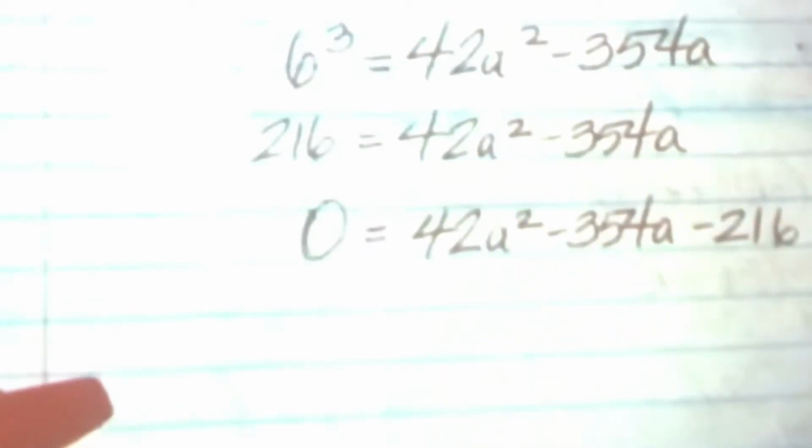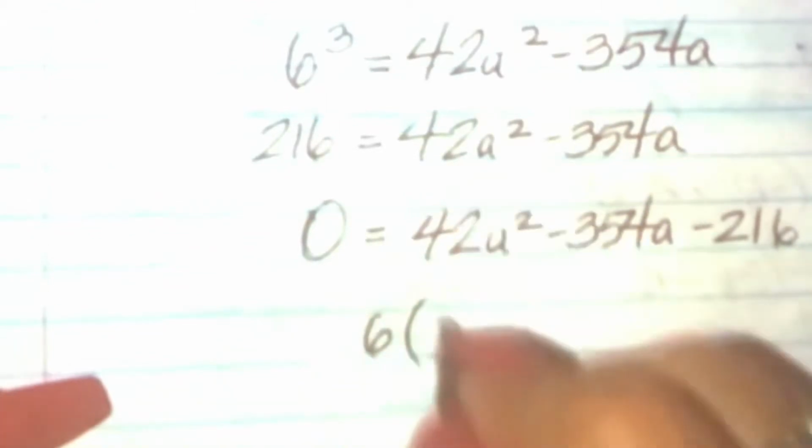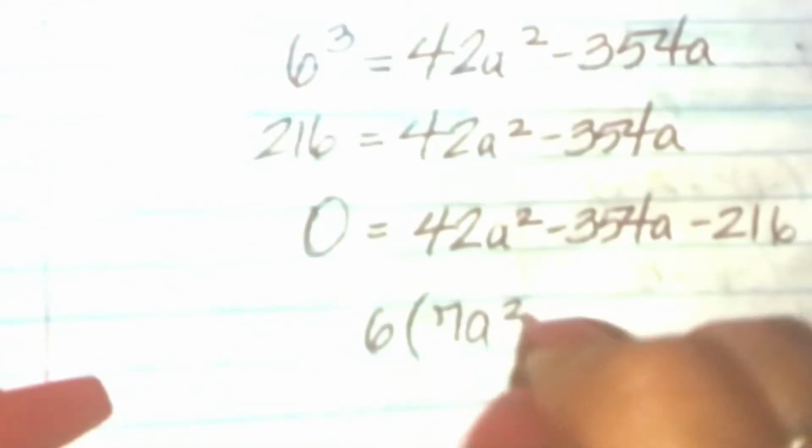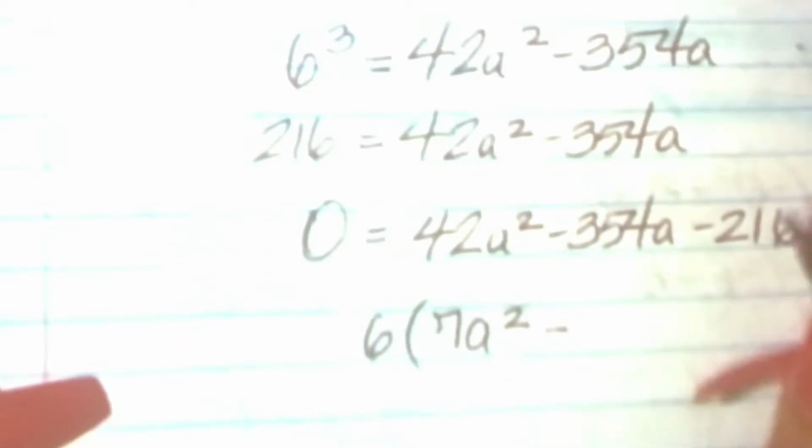Again, I'm going to have to factor, so 0 equals 42a squared minus 354a minus 216. And I notice that I can take a 6 out of everything. So that's 7a squared. Somebody help me out, please. 354 divided by 6.